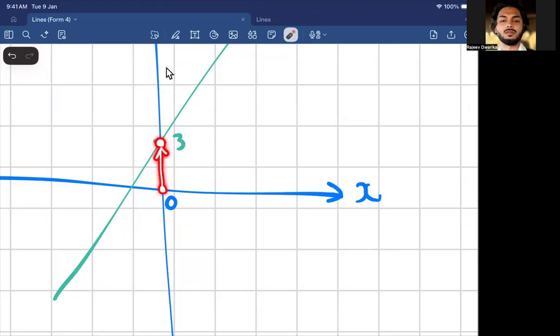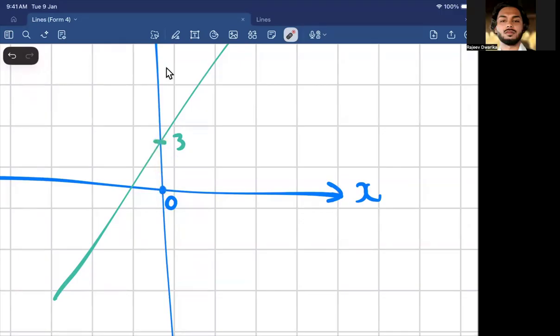So did I move horizontally? Horizontally is left and right. You move vertically.